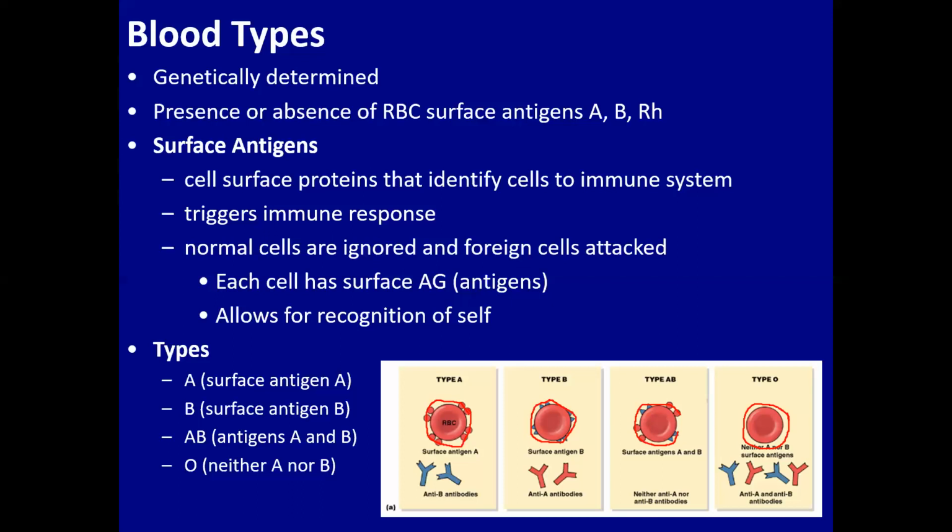So if you have normal cells, cells that look like yours, then they're going to be ignored. But if there is a foreign cell that is found, it's going to be attacked. We shorthand antigen to AG, and just remember, antigens allow for recognition of self.